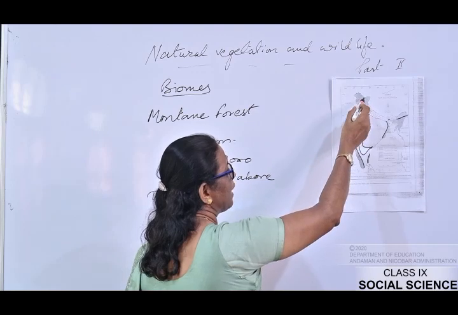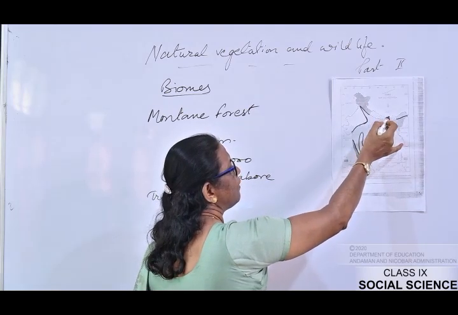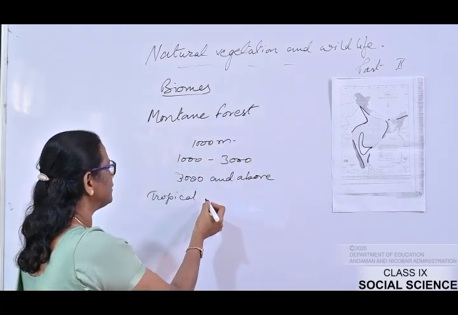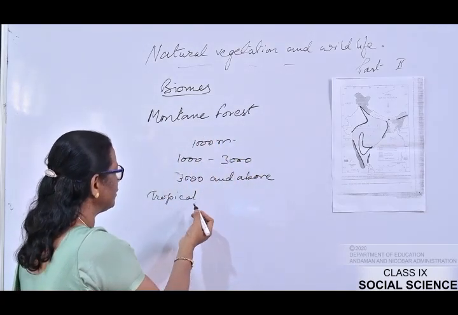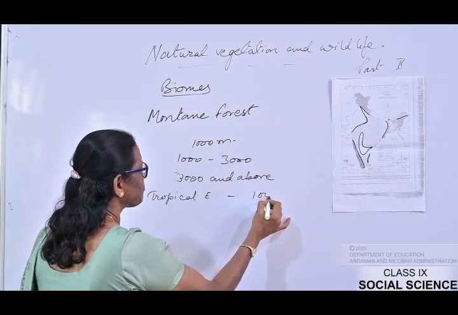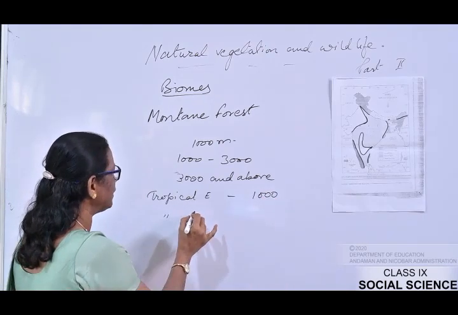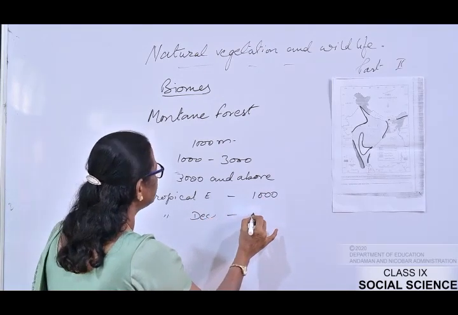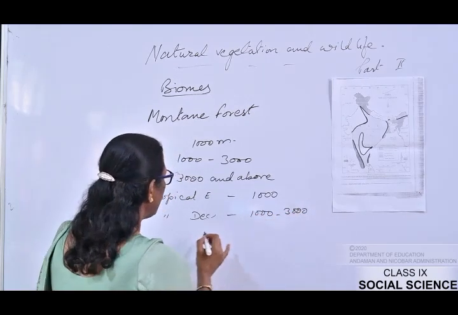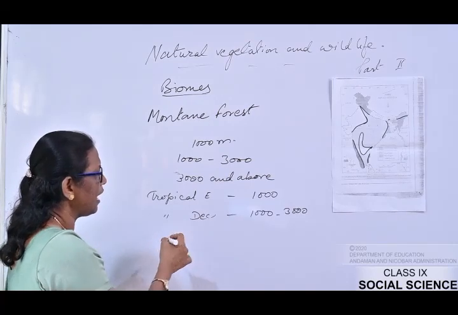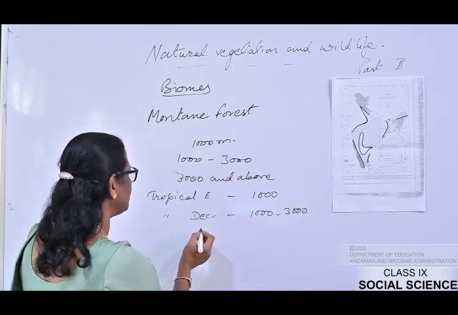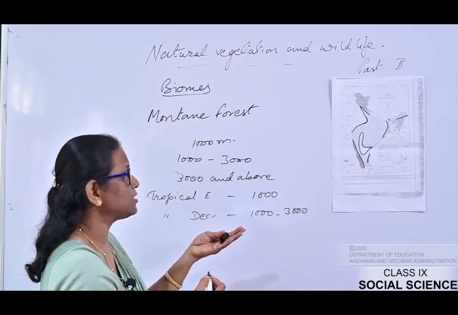The Karakoram height is very high, and here is Mount Everest, etc. As we go higher and higher, the forest types also differ. So first comes evergreen forest at 1000 meter height, and next is tropical deciduous at the 1000 to 3000 meter height.